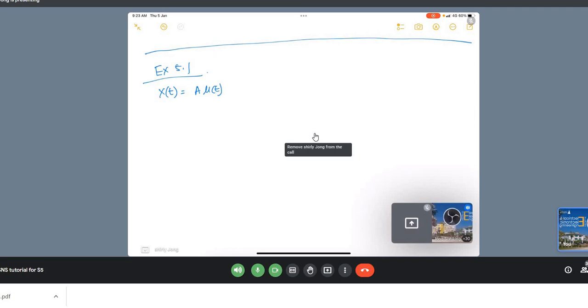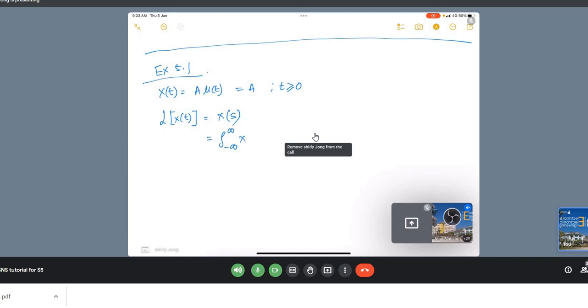So x(t) equal to A u(t). This means the amplitude is equal to A for t more than 0. So the Laplace transform of x(t) is in the s domain. So this is from negative infinity, and u(t) is from 0 to infinity. Never mind, we write the formula first.